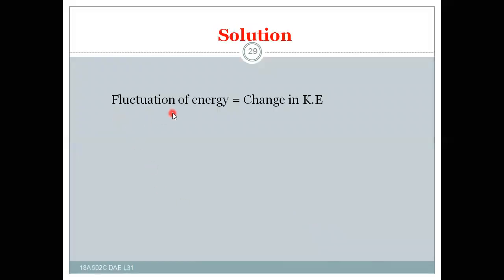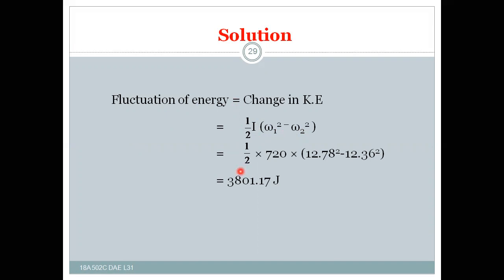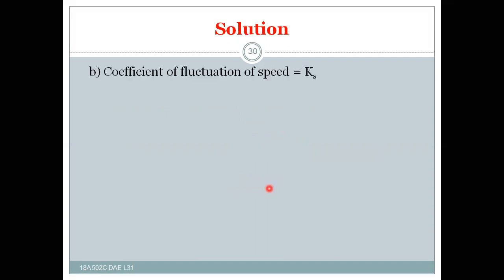So fluctuation of energy, that is change in kinetic energy, is half I into omega 1 square minus omega 2 square. Omega 1, omega 2 and I are all there for us. Substitute the values, then you will get fluctuation of energy dE equal to 3801.17 joules. Similarly, coefficient of fluctuation of speed Ks is equal to omega 1 minus omega 2 by omega.